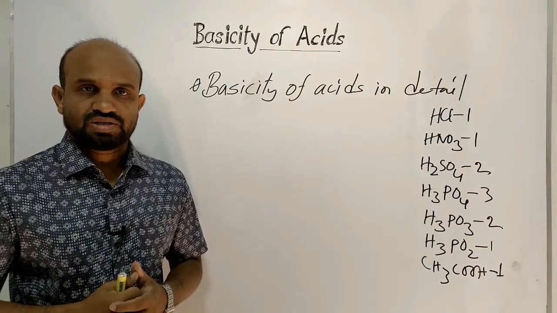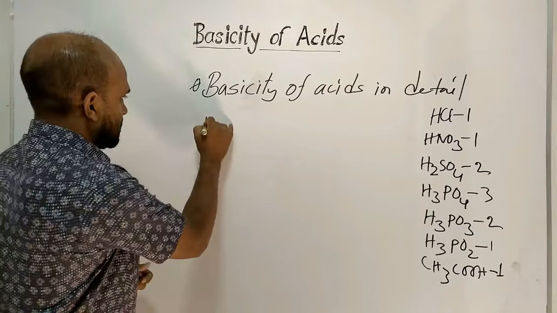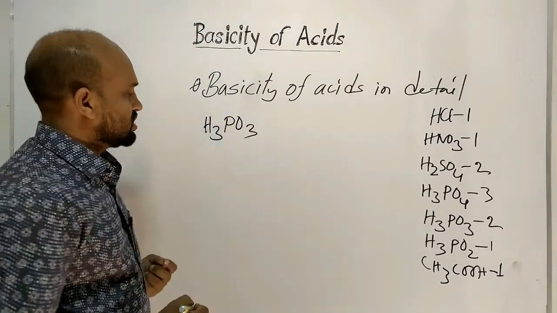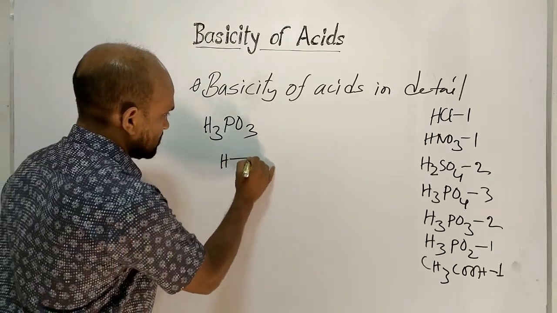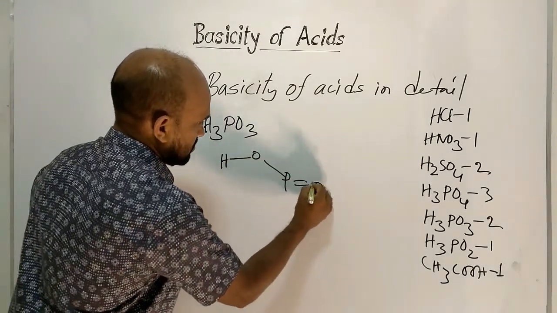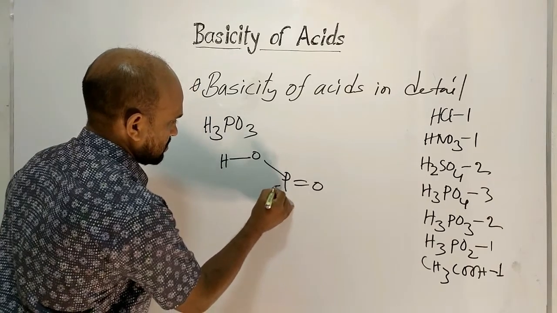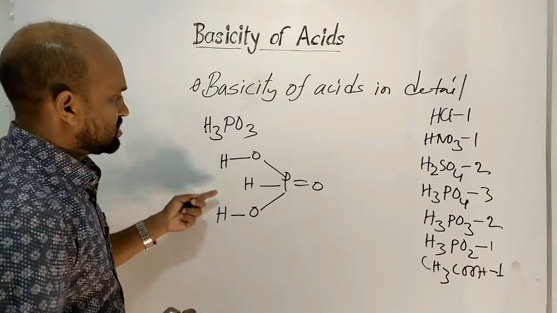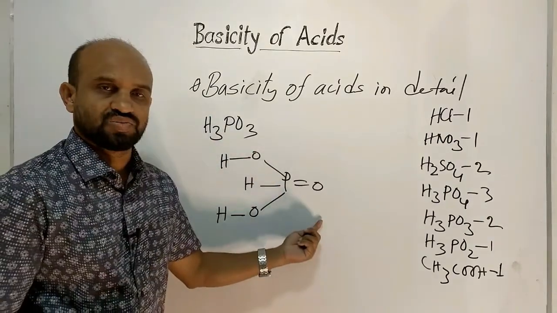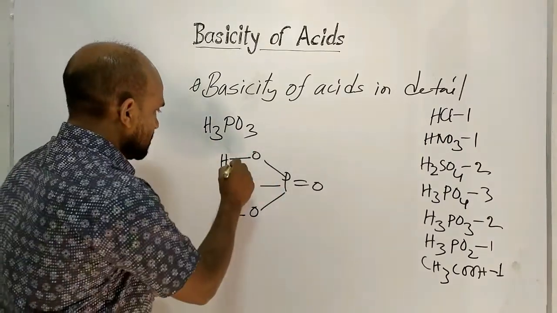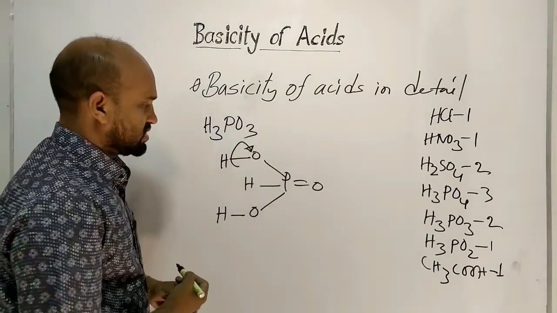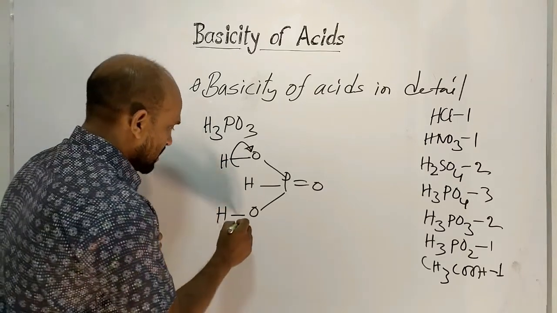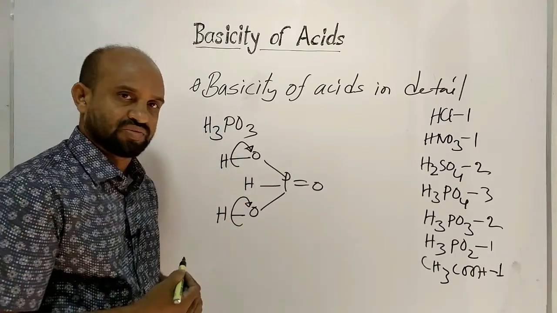Now phosphorus acid, H3PO3. This is phosphorus acid. Its structure formula is this. Here this bond undergoes heterolytic fission because of the high electronegativity difference, and this bond undergoes heterolytic fission.